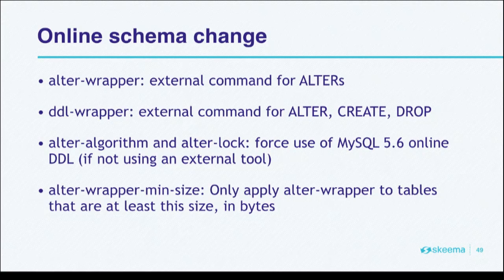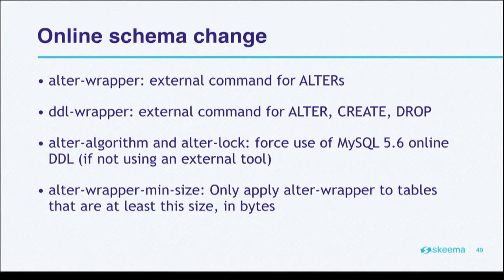If you want to use MySQL 5.6 and up online DDL instead of an external tool, you can use alter algorithm and alter lock. Those translate directly to the algorithm and lock clauses of an alter table statement. And the main powerful thing here is this alter wrapper min size option. This is what says only use alter wrapper for tables at or exceeding a minimum size in bytes. And you can combine these.